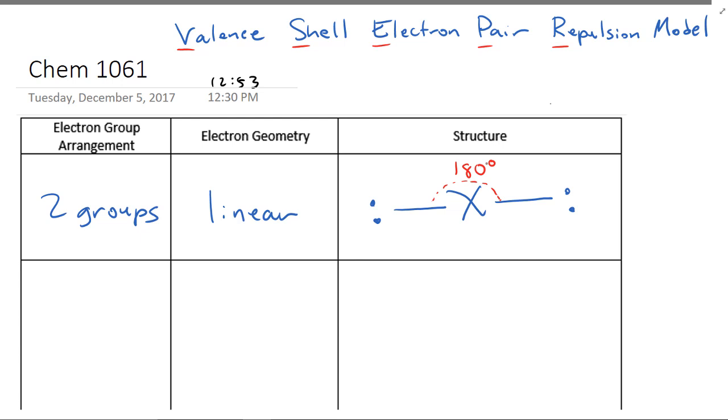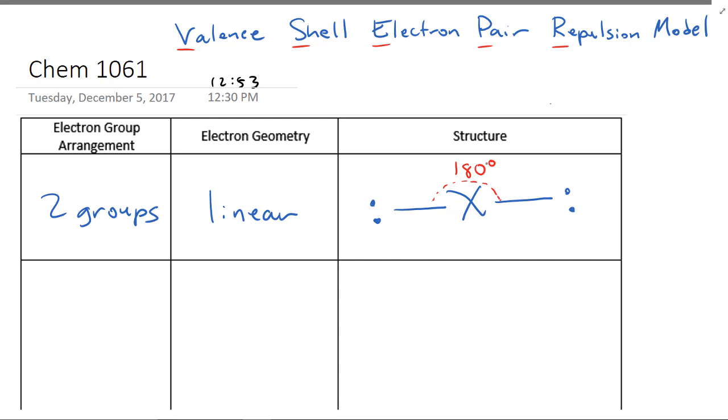I'm going to try to get these to be the same size, and then I'm going to tie these together. In three dimensions, if they're about the same size, they would arrange themselves at 180 degrees to each other.